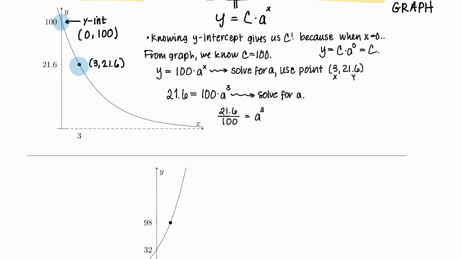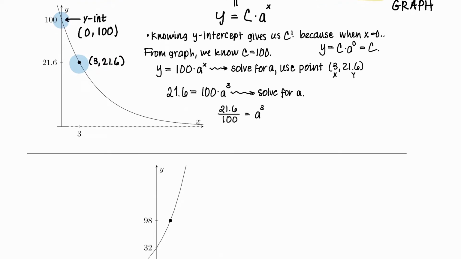So I'm going to use my rules of exponents, and I want to undo the cubed on the a. So I'm going to take both sides to the 1/3 power.